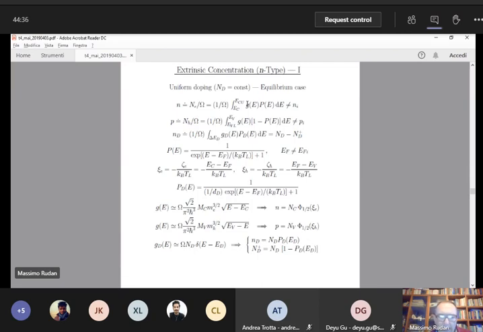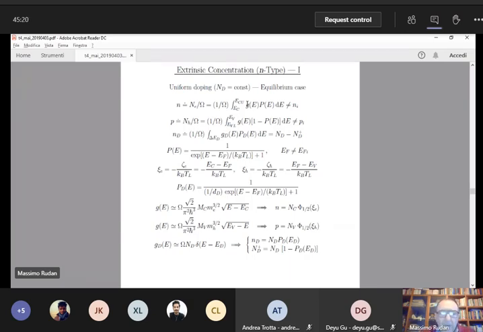But apart from the symbol, the other definitions are just the same. So psi E is equal to minus ZE over KT, and ZE is the distance between the edge of the conduction band and the Fermi level. Similarly, psi H is equal to minus ZH over KT, and ZH is equal to the distance between the Fermi level and the upper edge of the valence band.